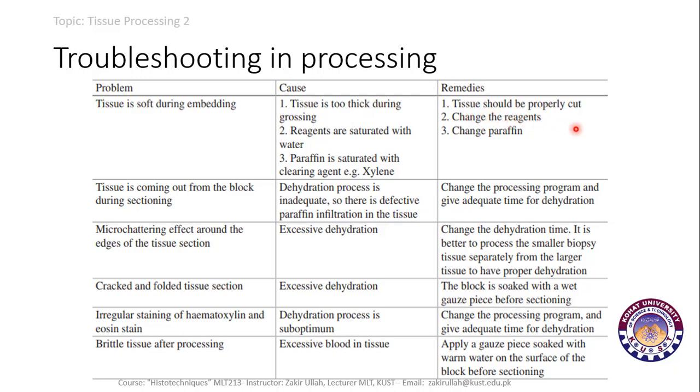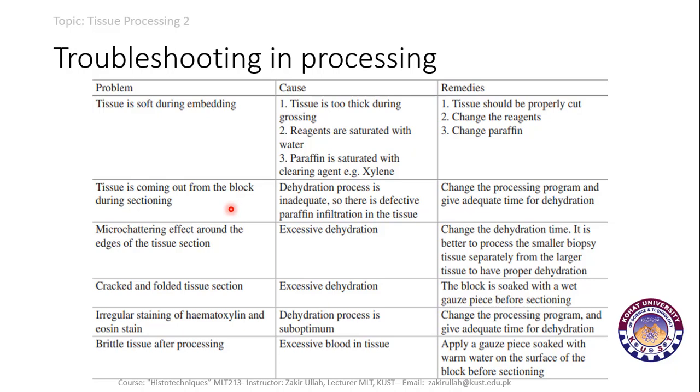The reagents should be changed at a specific and proper time, and the paraffin should also be changed so that it may not be saturated with the clearing agent. The second issue is that the tissue is coming out from the block during sectioning.